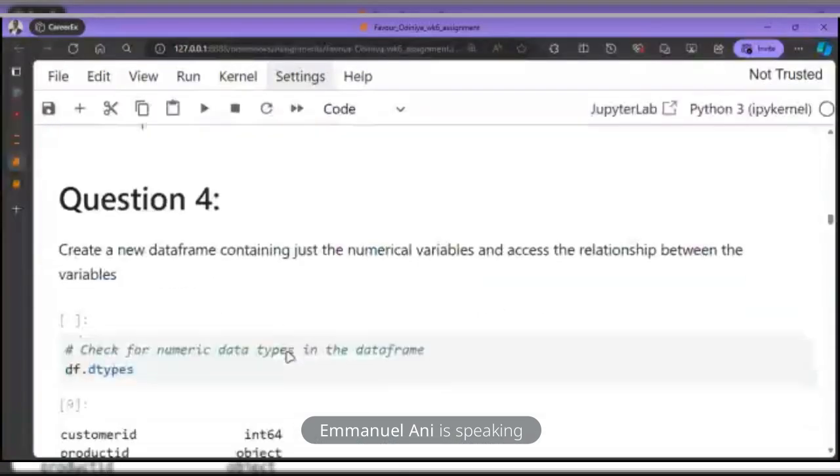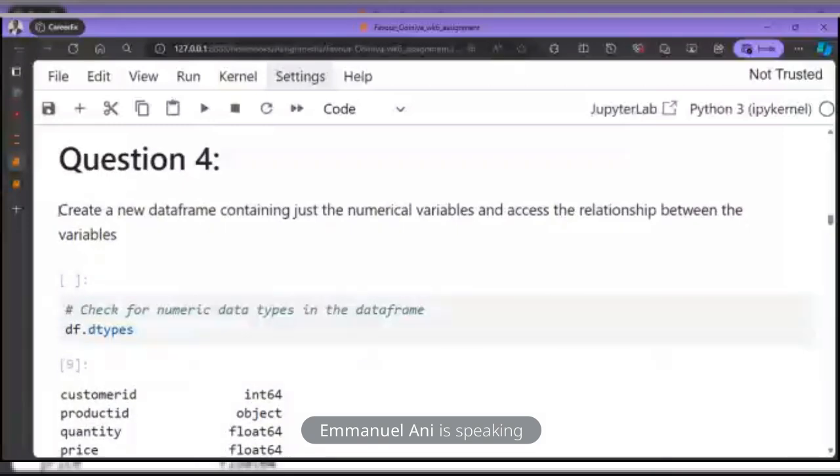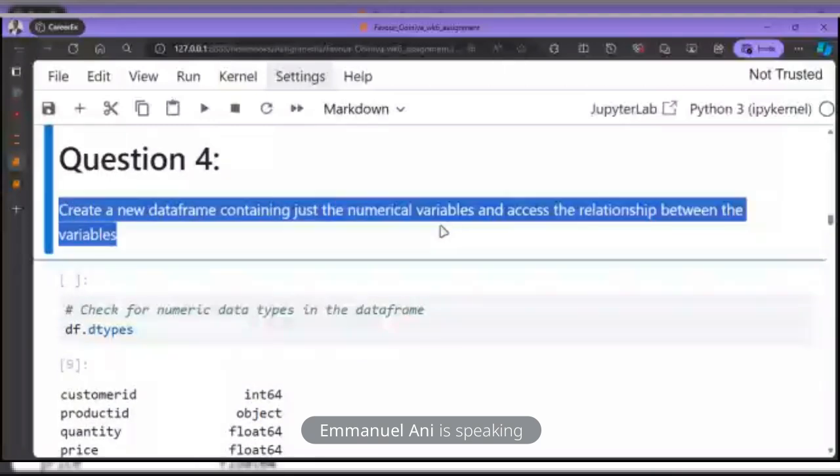That's question three. So question four is create a new data frame containing just the numerical variables and assess the relationship between variables.